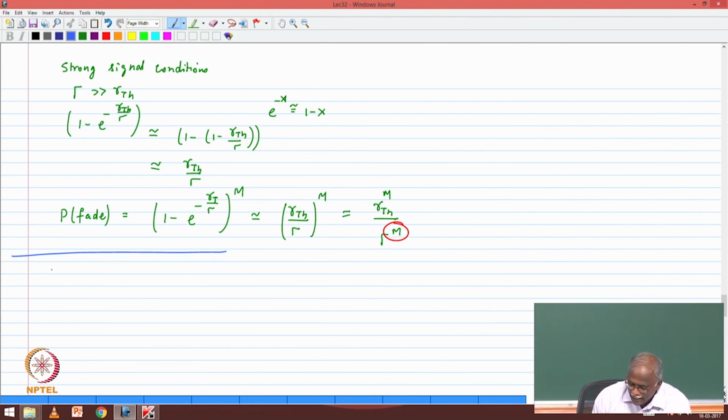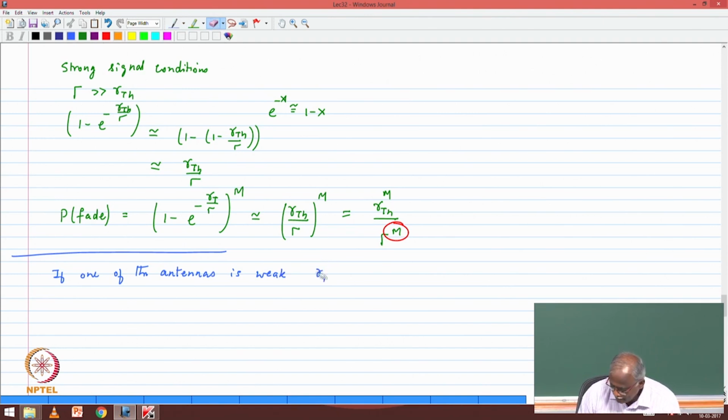So if one of the M antennas is weak, that means M minus 1 are strong, and one antenna is weak. Without loss of generality, we will say that antenna 1 is the weak antenna.